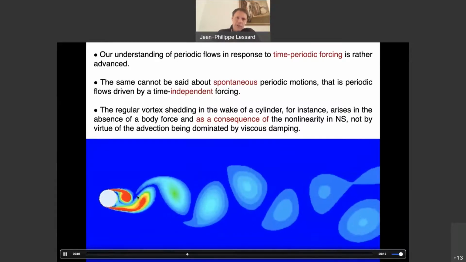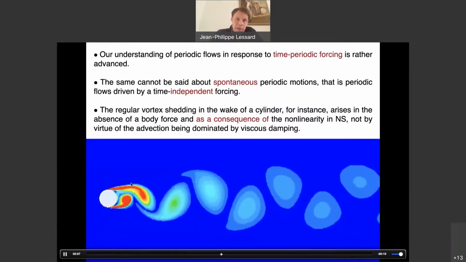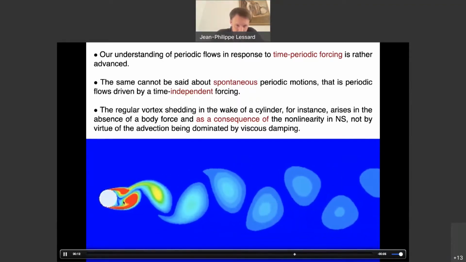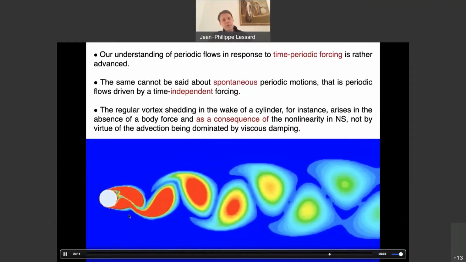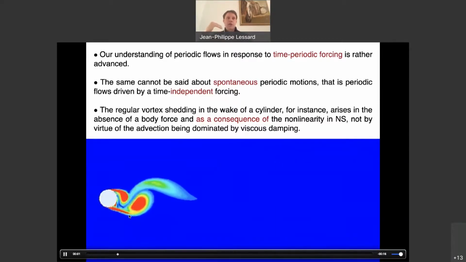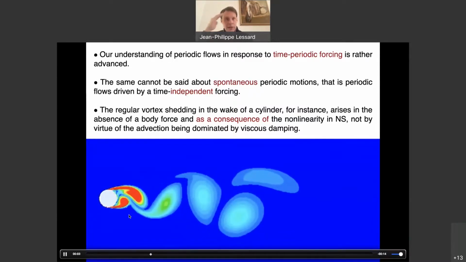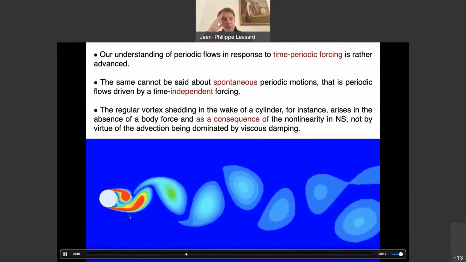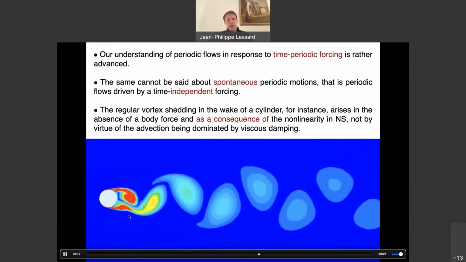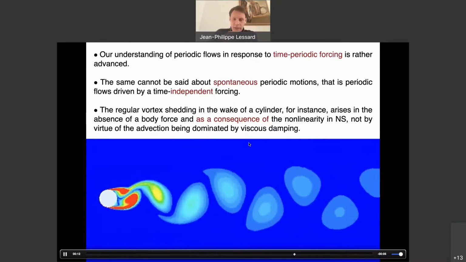But for small enough viscosity, then there is this phenomenon which is happening, and then that leads to the existence of a periodic motion, which is, again, not a consequence of the external forcing term being periodic, but it's more the advection, which is the nonlinearity of Navier-Stokes, which is creating that. Okay, so that's an example.